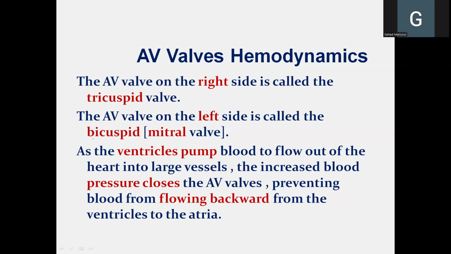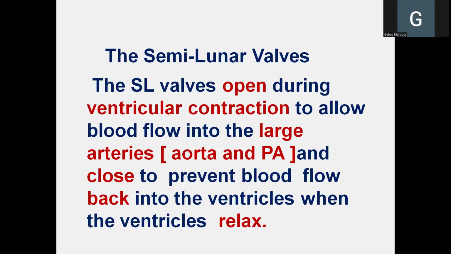And this is what's written here: as the ventricles pump blood, meaning the ventricles are contracting, and this is therefore systole of the ventricles, the blood flows out of the heart into the large vessels. The increased blood flow will close the atrioventricular valves to prevent blood from flowing backward from the ventricles to the atria.